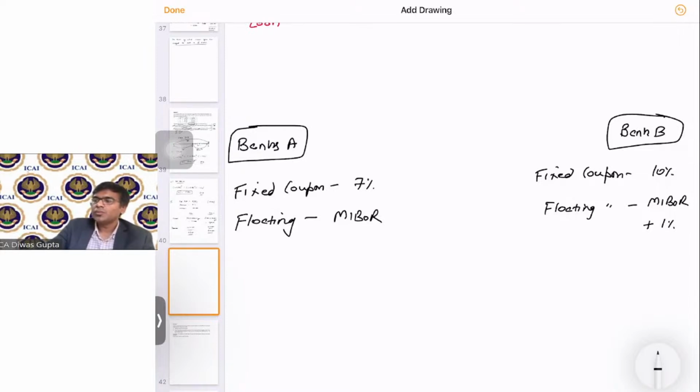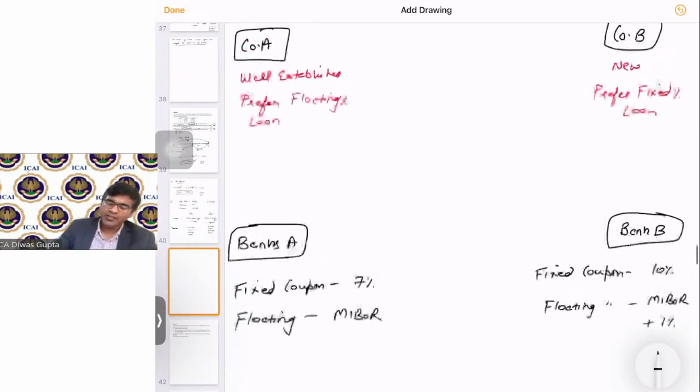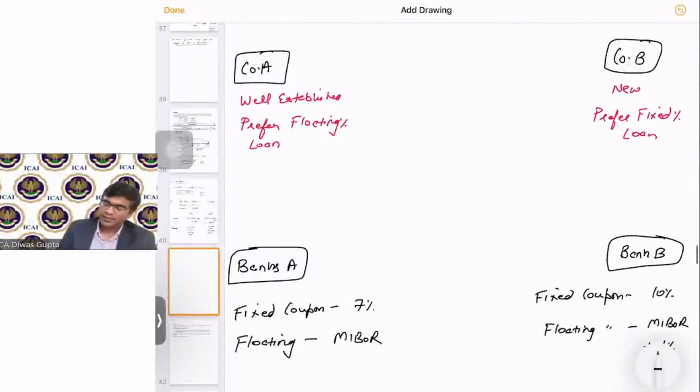Now, both of them have treasury teams, company A and company B. They are evaluating how they can still achieve their objective of taking floating interest for company A and fixed interest for company B, but at a lower cost.